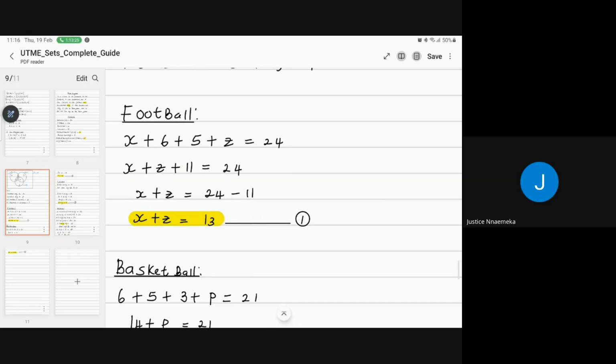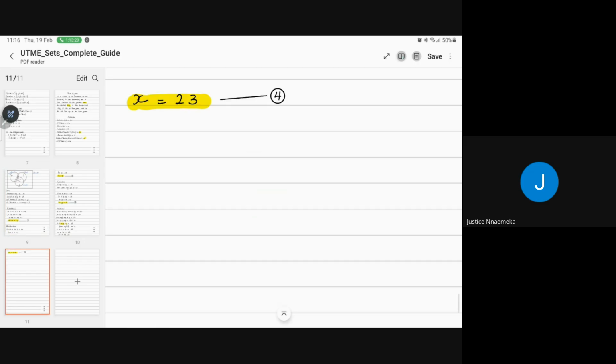Good. So let's go to equation 1. From equation 1, we'll have that x plus z is equal to 13. So this is 23 plus z is equal to 13.